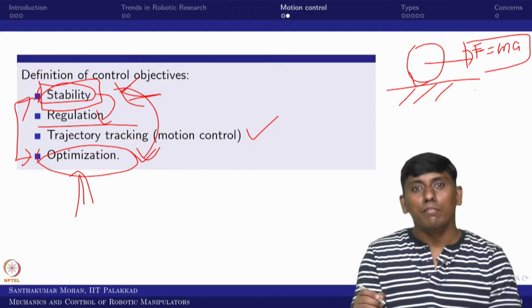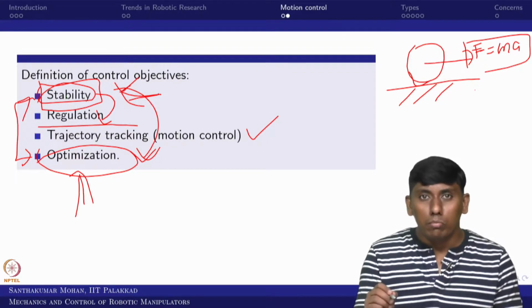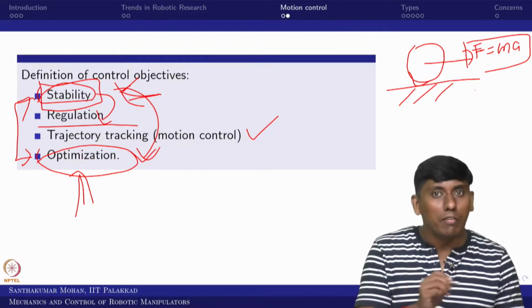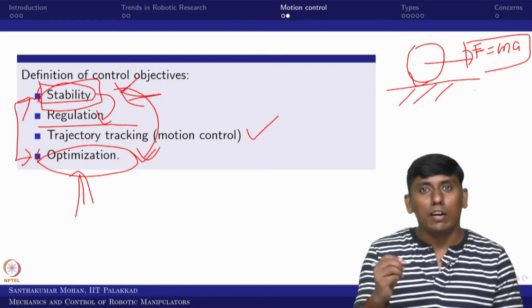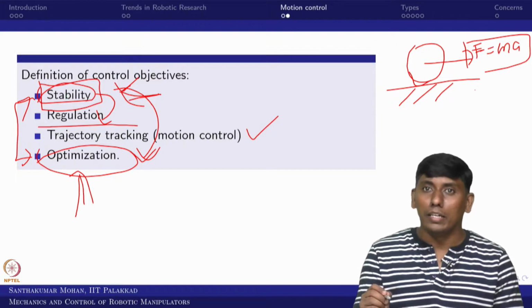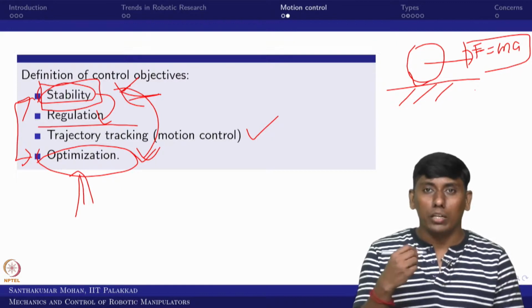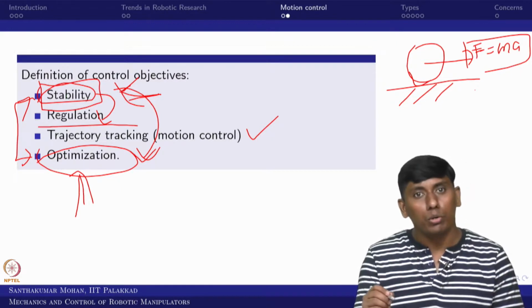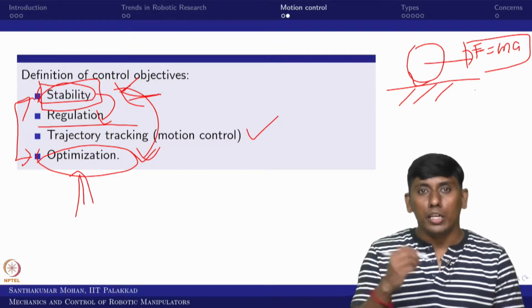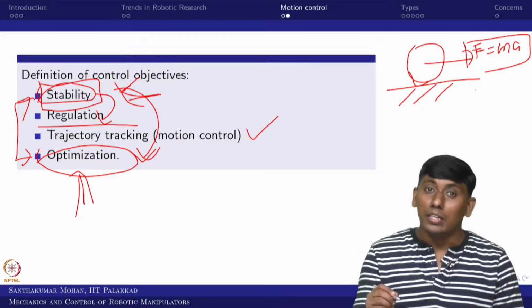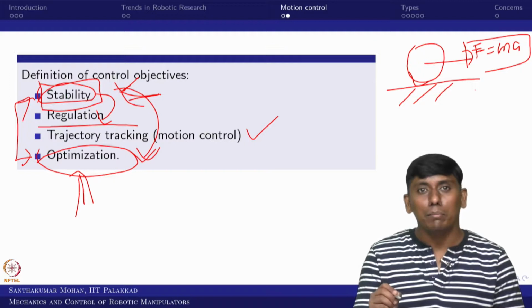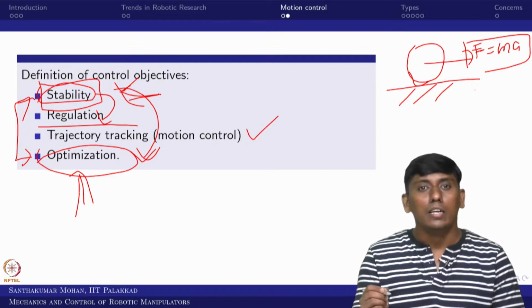So we have seen what motion control is, what trends have come in robotic manipulator control, and the basic ideas for control design. There are 4 control objectives, and one very important objective is stability.